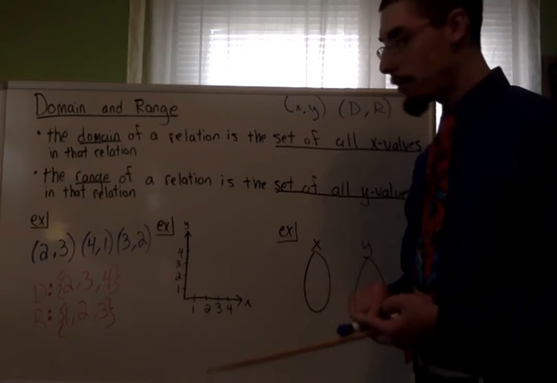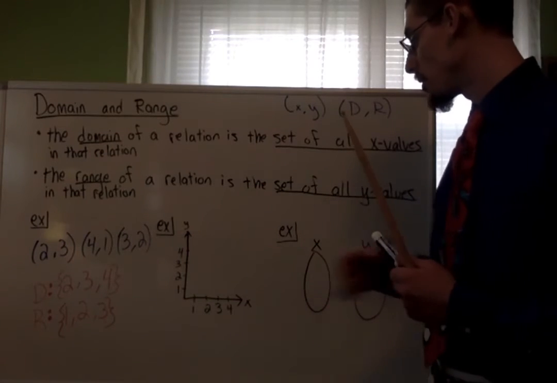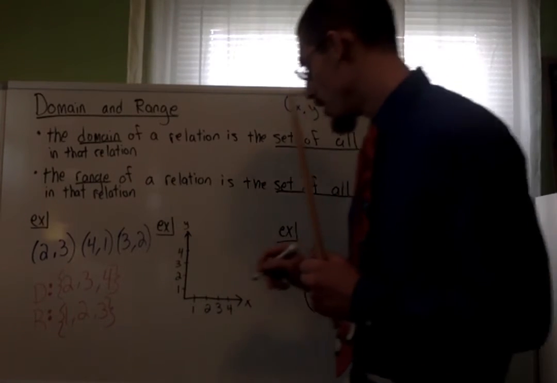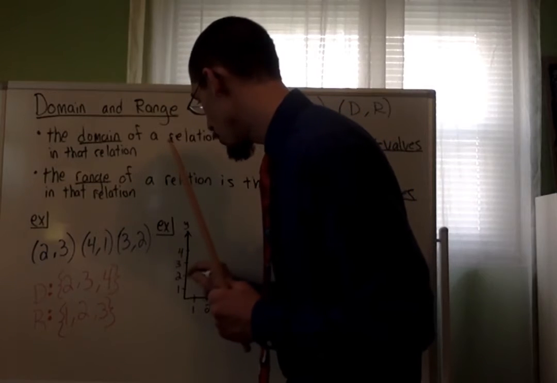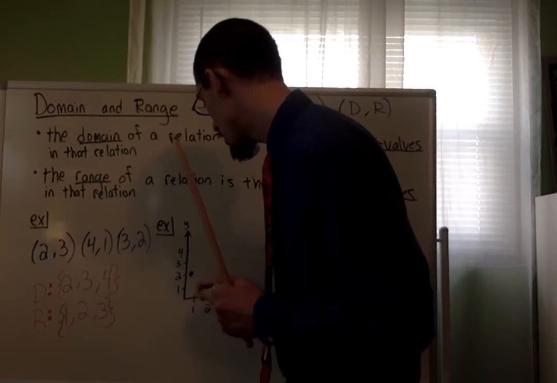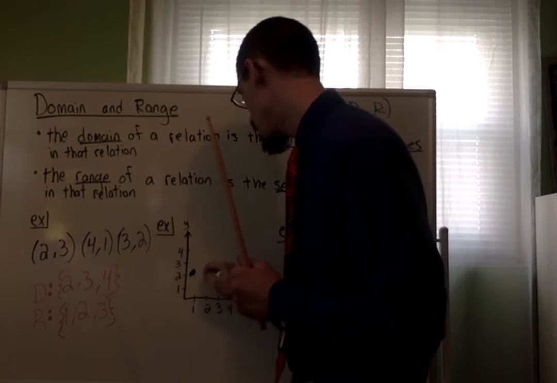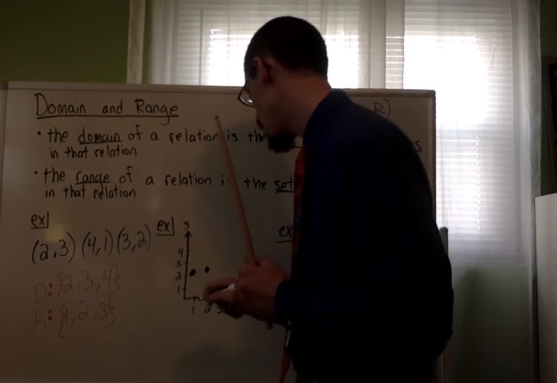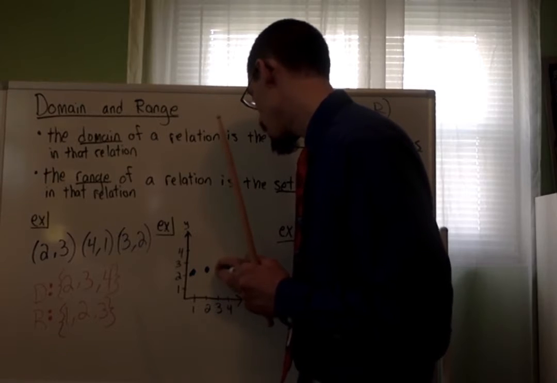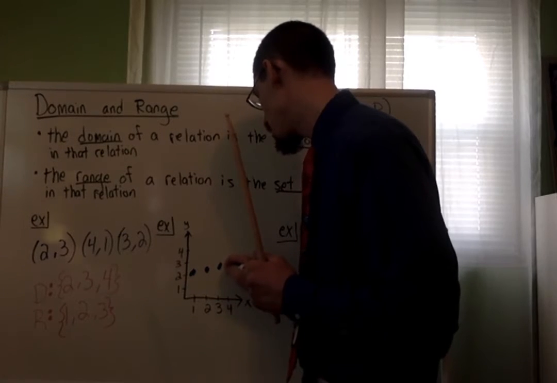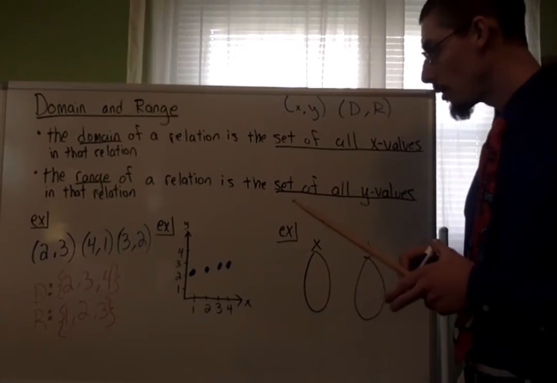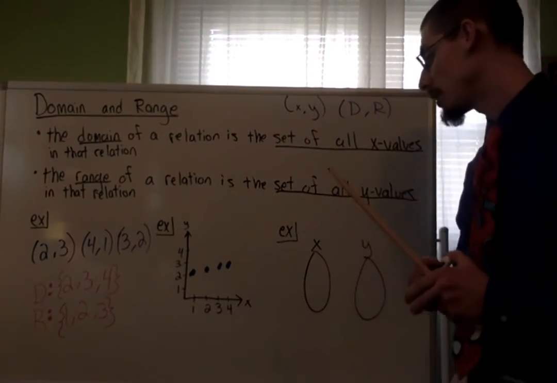What if you were looking at a graph? Let's do a different relation for this graph here. Let's say I had the points right here, 1, 2. Say 2, 2, 3, 2, 4, 2. It's kind of going across there.